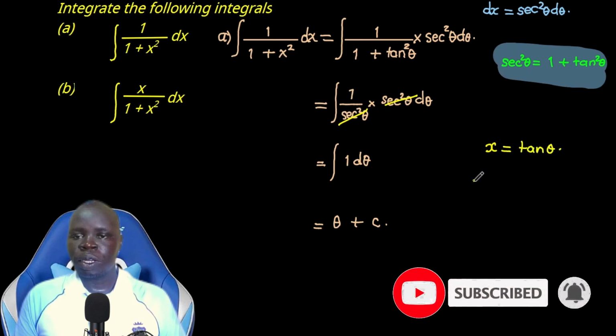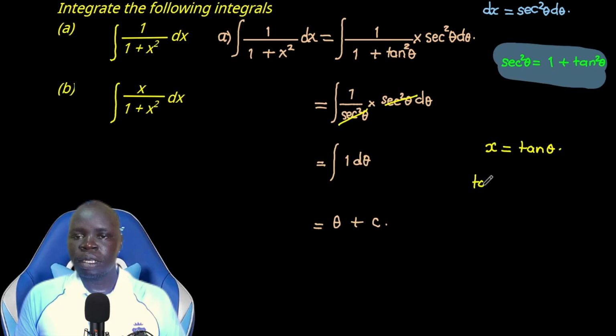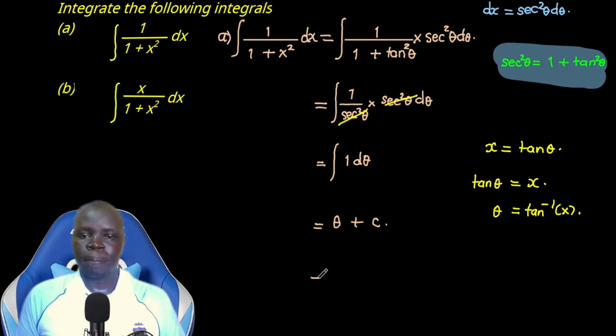Maybe we can reverse writing it, and we have tan theta equals x. So for us to get only theta alone, we can take an inverse. So we have inverse tan of x. So let's make this replacement of theta to get our complete solution here.